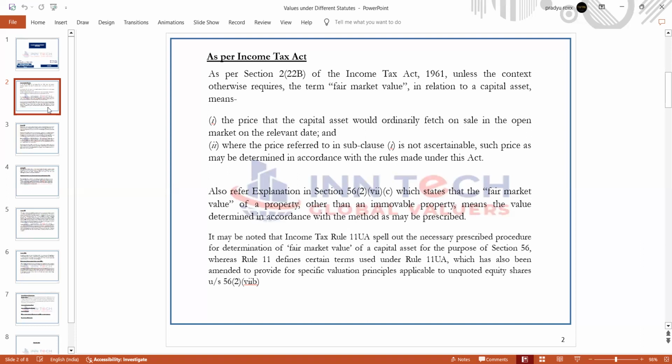In fact, by definition, it should be called a cost: the cost incurred by the assessee, how much the assessee has incurred to build up the asset. That is called the cost incurred, and the definition as per the income tax calls it the market value of the asset.